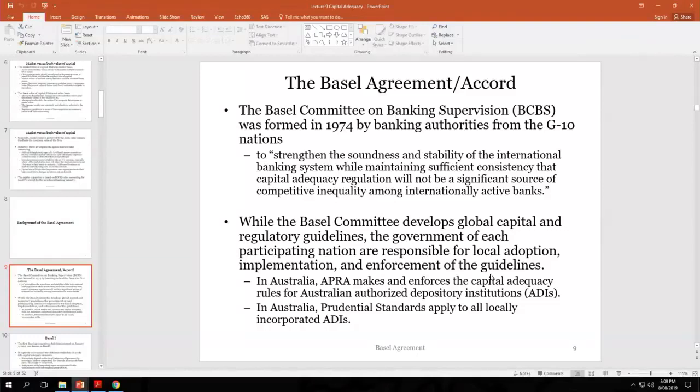The key is that the Basel Agreement primarily works as a guideline for regulators around the world. It sets standard requirements that provide ideas for regulators, and then regulators determine how to apply these rules to their local market. So different countries may apply Basel agreements in different ways.